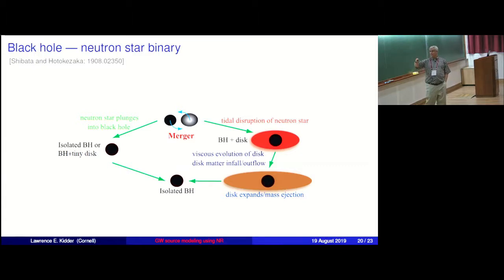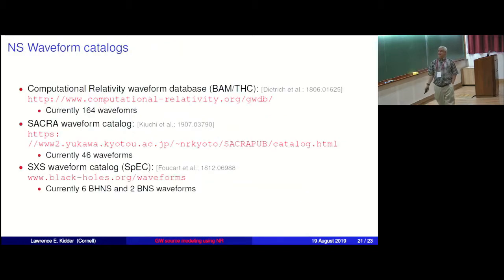And if, for example, you had a black hole that was near maximal spin aligned with orbital angular momentum, you can actually get a disk which may have up to half a solar mass of material in the disk. As in the binary black hole case, there are some public waveform catalogs by various groups.